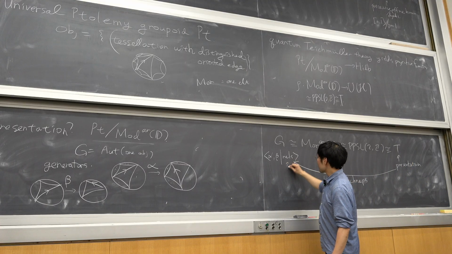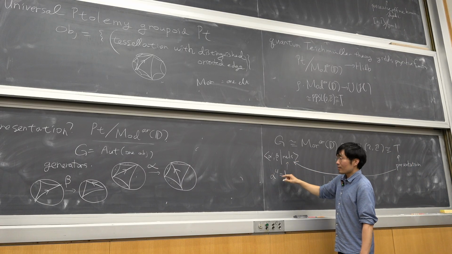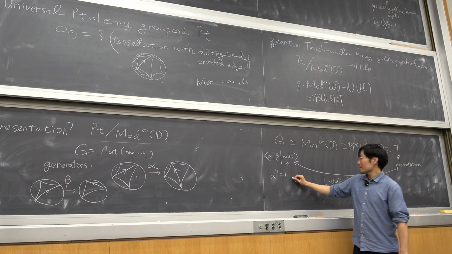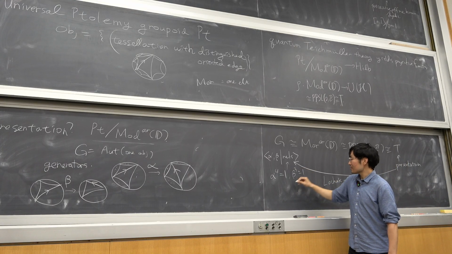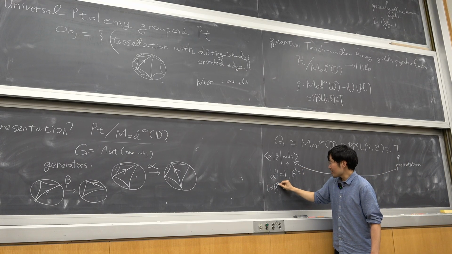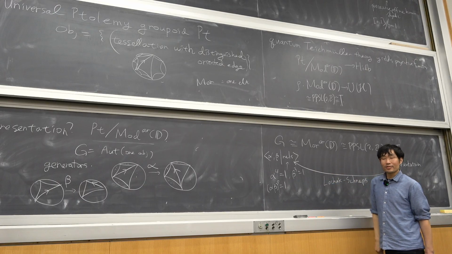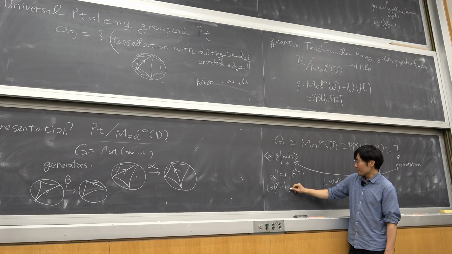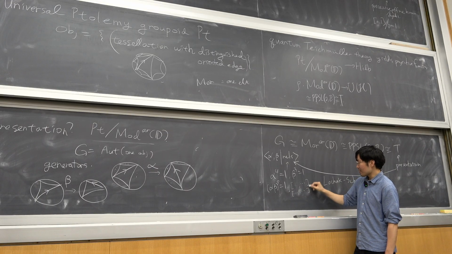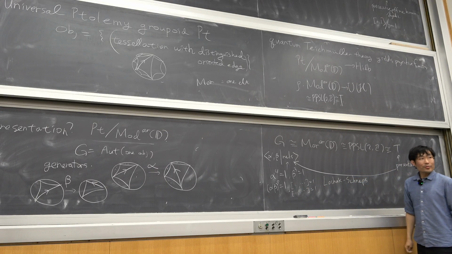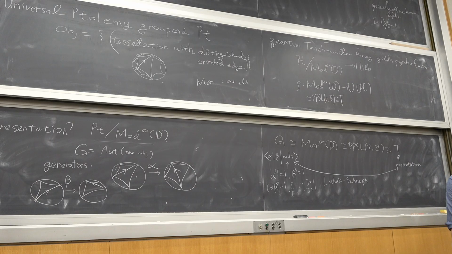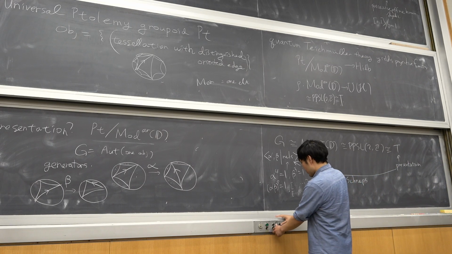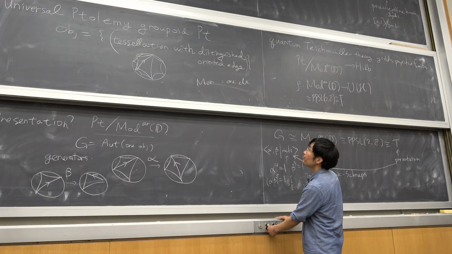So these relations: alpha 4 times gets to the identity, beta 3 times is identity, alpha beta 5 times is 1. This is called the pentagon relation. And 2 more unpleasant looking commutator relations, which actually have a nice geometric meaning, but let me not go into that.